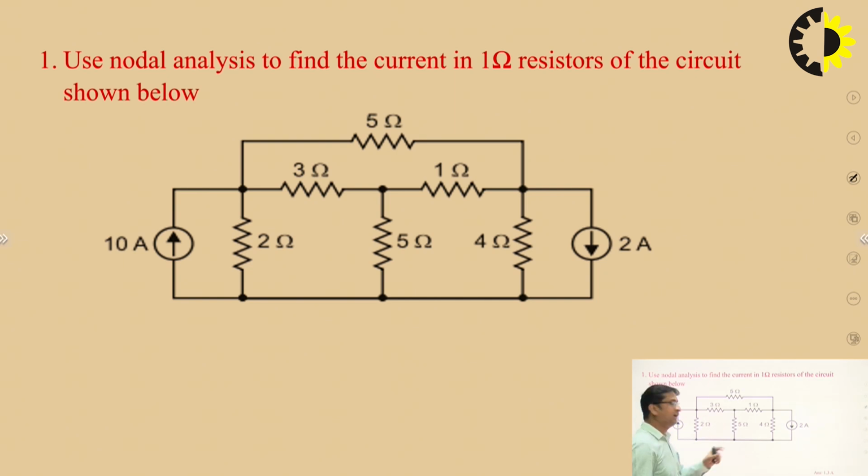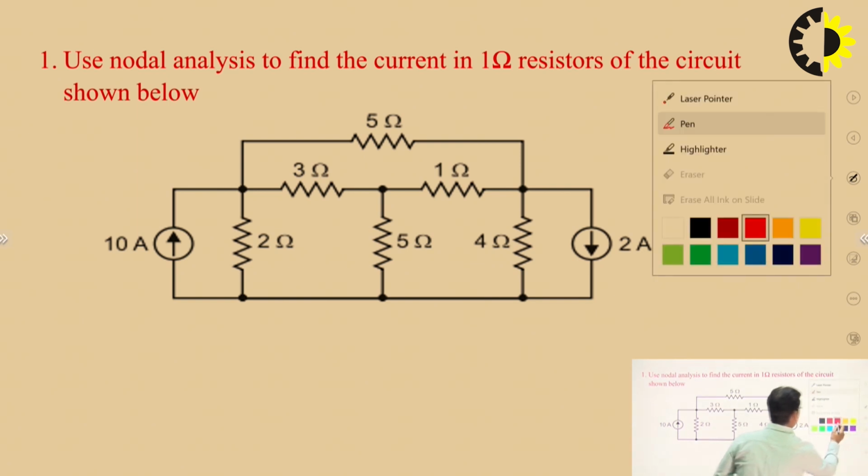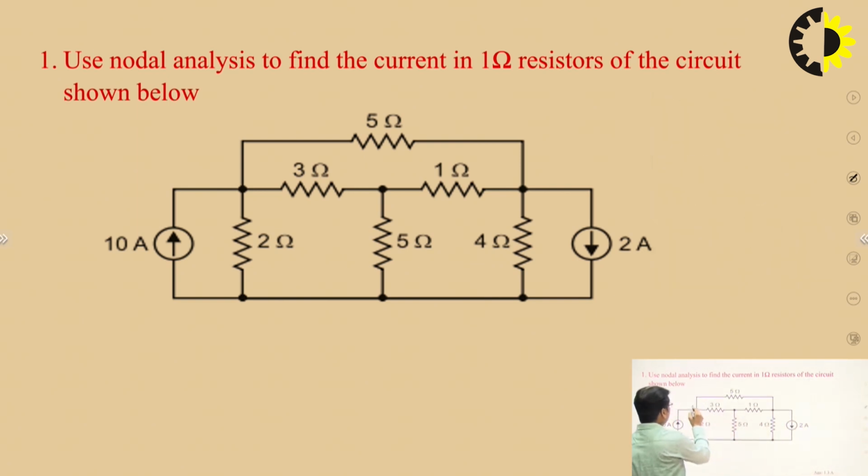By looking at this circuit, a node means a junction where three or more branches meet, where the current is dividing. For example, in this circuit, suppose this junction is node number 1. This is node number 2 and node number 3.